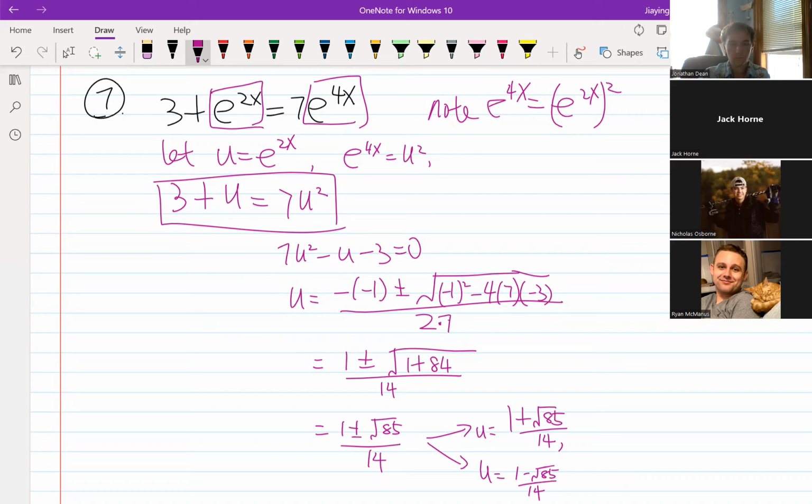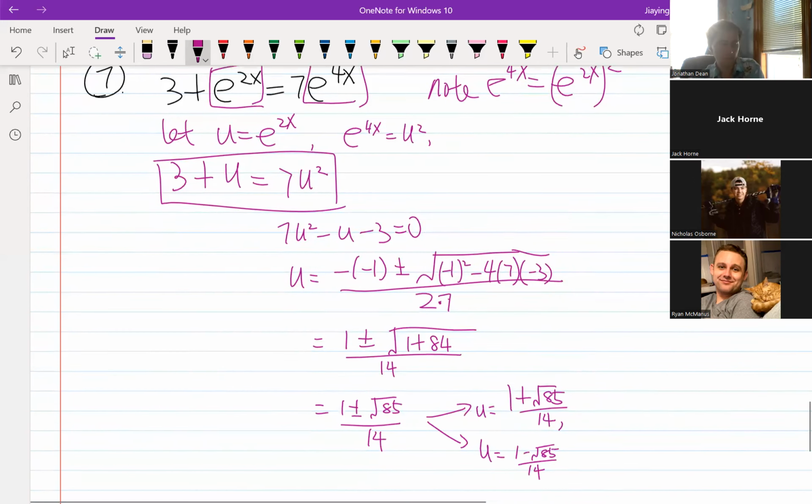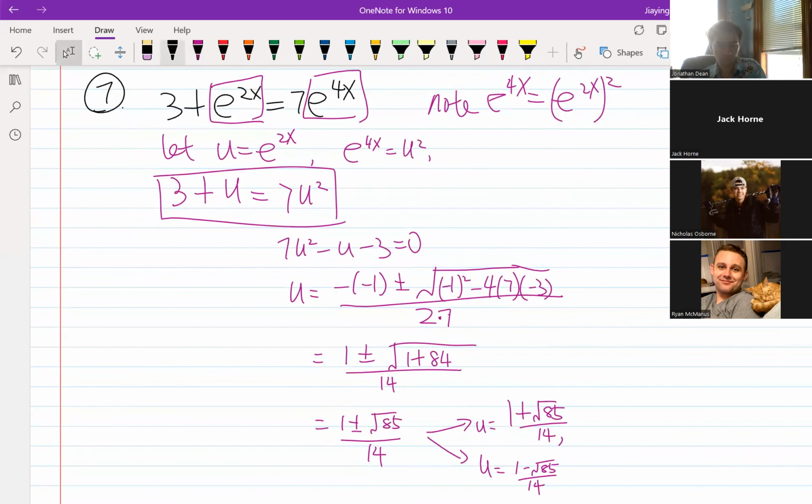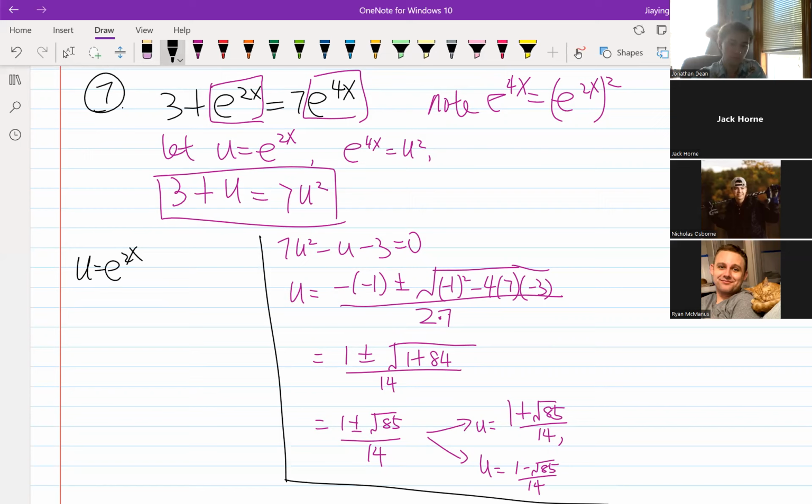But how do you know which u is actually the correct expression for e to the 2x? Well, this goes back to the earlier problem. When we have u equals e to the 2x, then we know this must be positive, because e to the x is an exponential growth function.